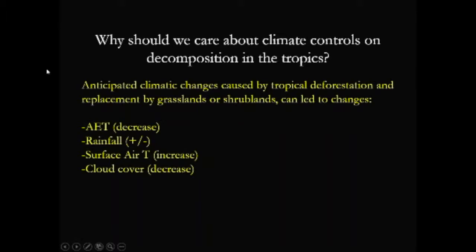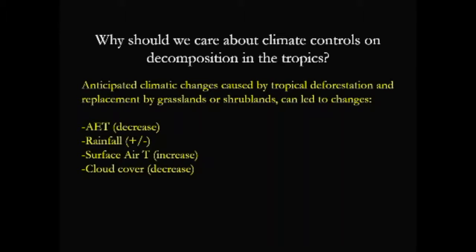But why should we care about these climate controls on decomposition in the tropics, and particularly given climate change? Well, we know that anticipated climate changes caused by tropical deforestation, which could lead to the replacement of forests by grasslands or shrubland, can lead to changes in the actual evapotranspiration rate, as well as in the rainfall patterns, depending where you are and what climate model you use.